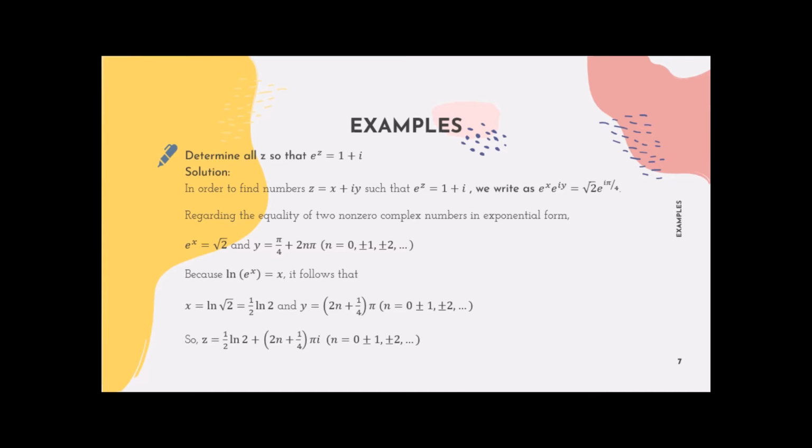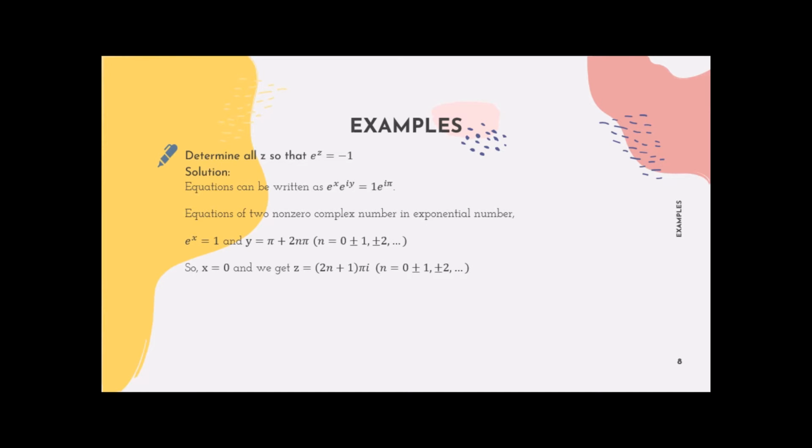So z equal to a half ln 2 plus (2n plus 1 over 4) pi i for n equal to 0, plus minus 1 and so on.